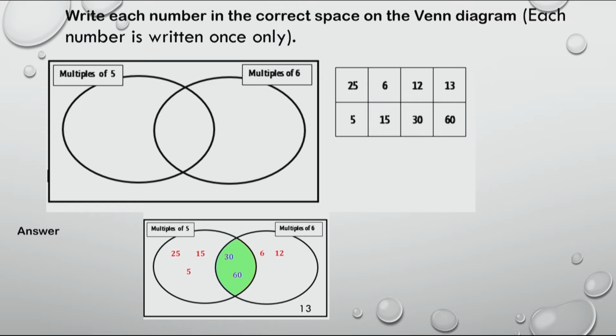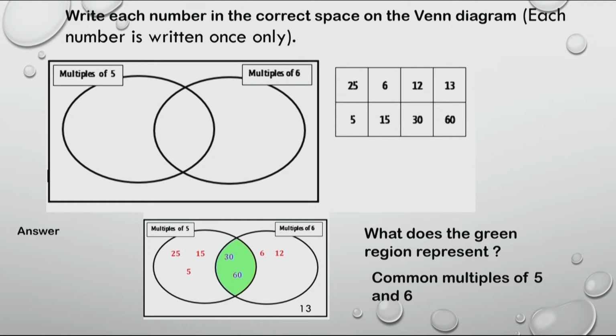Multiples of 5 only would be 5, 15, 25. Multiples of 6 only would be 6 and 12. And you can see that in the middle, the green region, what does it represent?